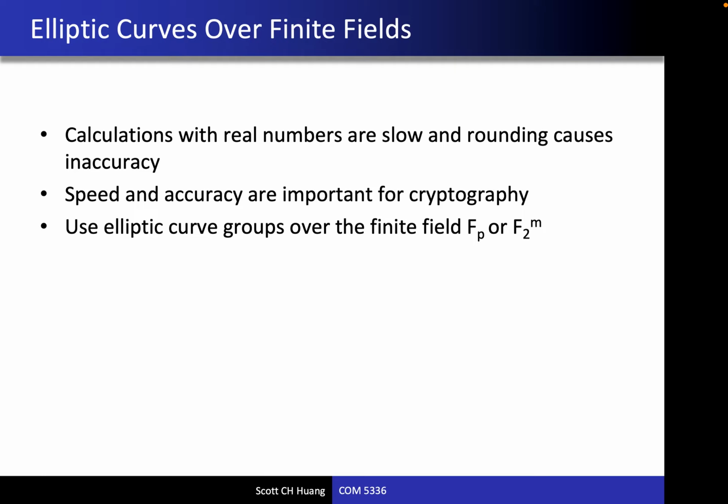And rounding causes inaccuracy or error. As I mentioned earlier, if your system can tolerate errors, to some precision or accuracy, then you can use real numbers, no problem. However, in some systems like cryptography, which is the subject we're studying, or some coding subjects like error correcting codes, you cannot use real numbers.